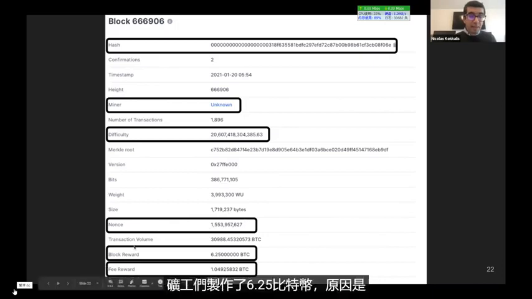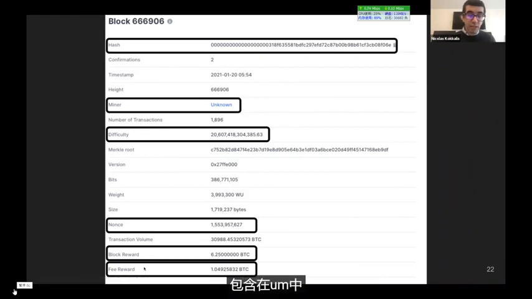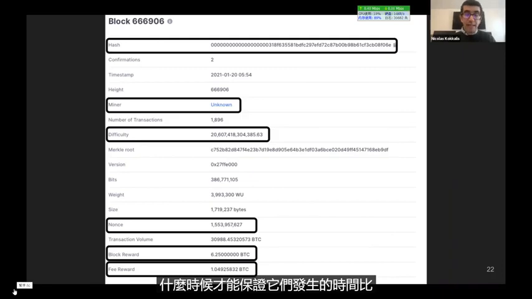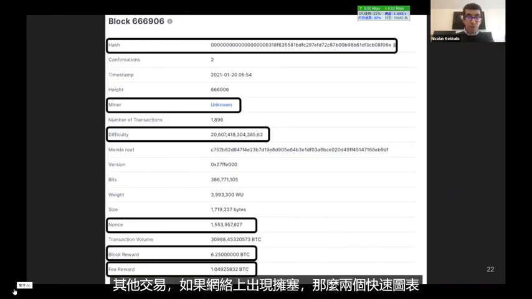And the miners made 6.25 Bitcoin because of the Coinbase, but they also made an additional 1 Bitcoin from fee rewards. These are tips that transactions include so that they can guarantee they will take place faster than other transactions if there's congestion on the network.